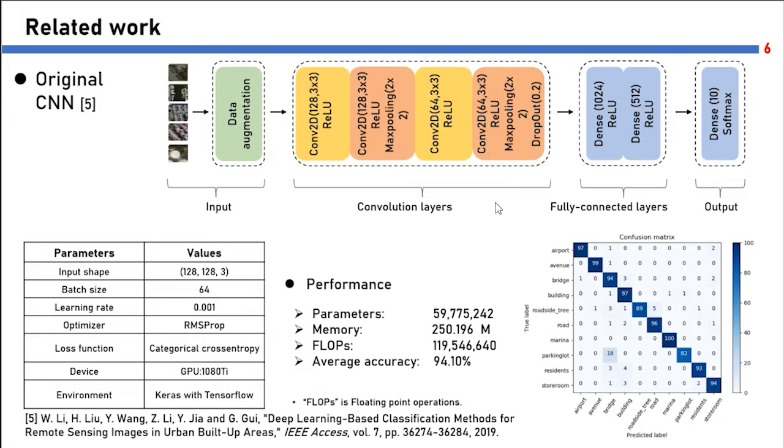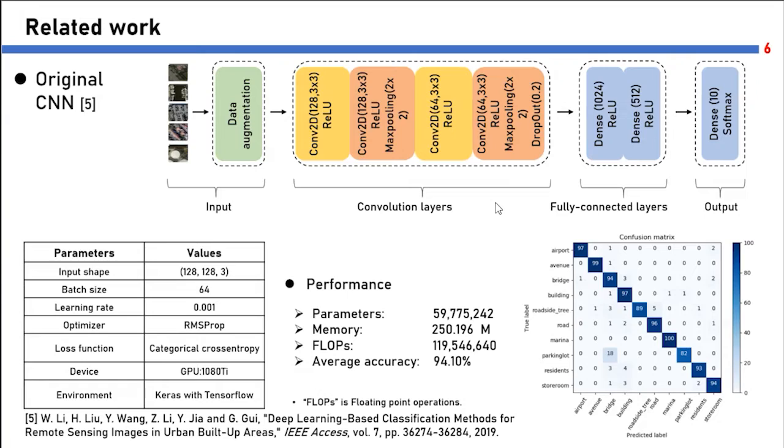When using the parameter settings shown in the table to train and test the CNN, we evaluate the performance of the CNN in terms of parameter amount, memory, floating point operations, and average accuracy. Obviously, behind the high accuracy lies a large number of parameters, memory usage, and calculations.